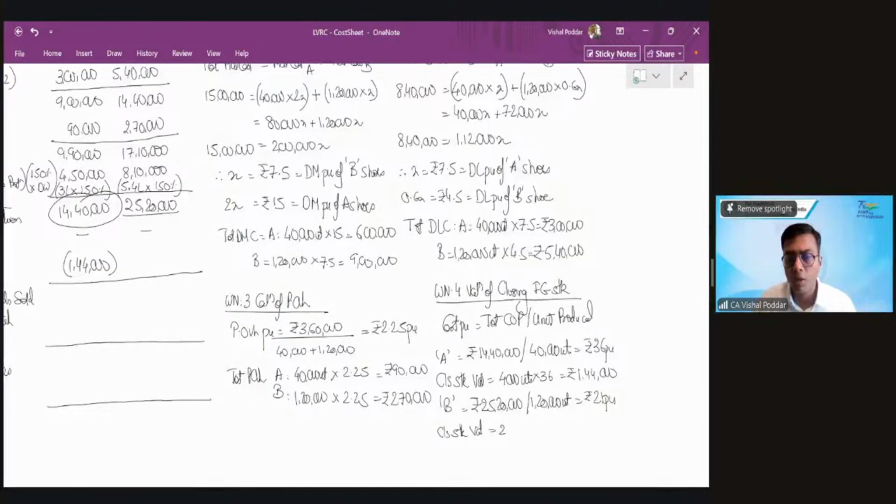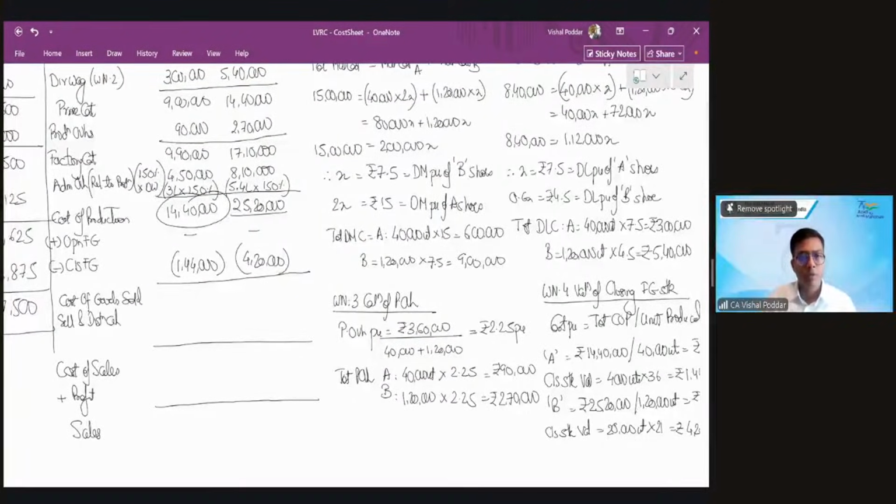So 20,000 is your stock into 21. 420, correct? So coming back, this will be 1296. This will be 21.